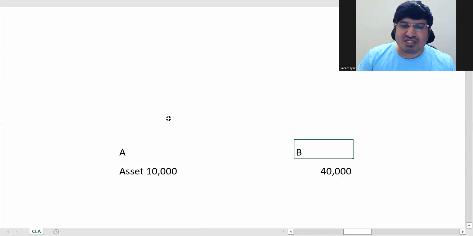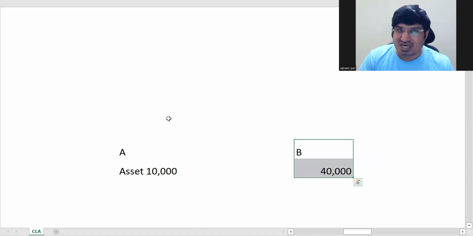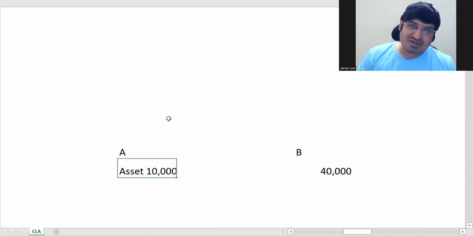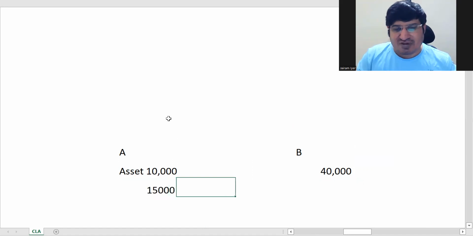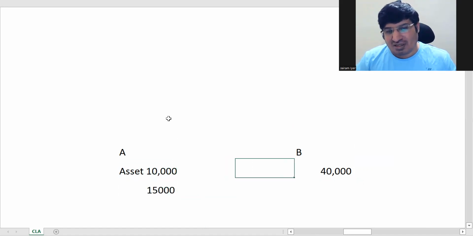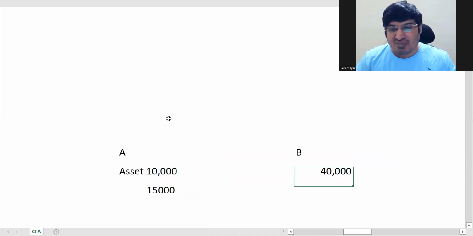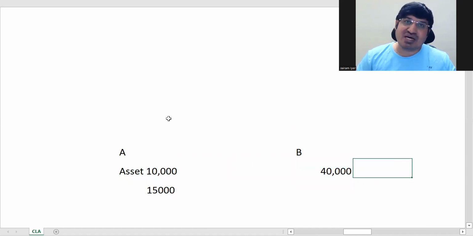If he can show 40,000 in his books, he will be able to take depreciation of 40,000, correct? So he's saying, give it for 40,000, but actually you won't pay 40,000 to him. There'll be some sort of arrangement. Let's say he'll pay 15,000, but on paper he is selling it for 40,000. So he'll be able to get depreciation of the entire 40,000.